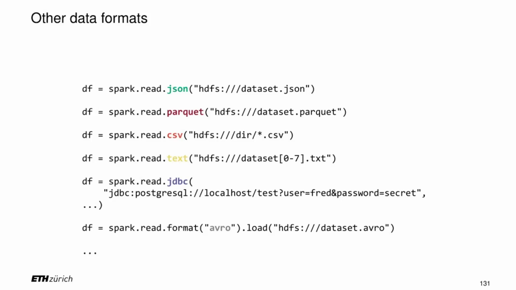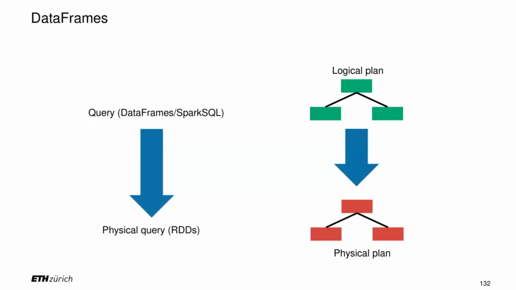JSON, Parquet, CSV, text are a bit special because they are known already. And for all others, you use format. And that's anything that gets invented after Spark is opened in this way. Avro is just an example of that, but I haven't covered Avro in this lecture. All right. And the idea is that it's magic.